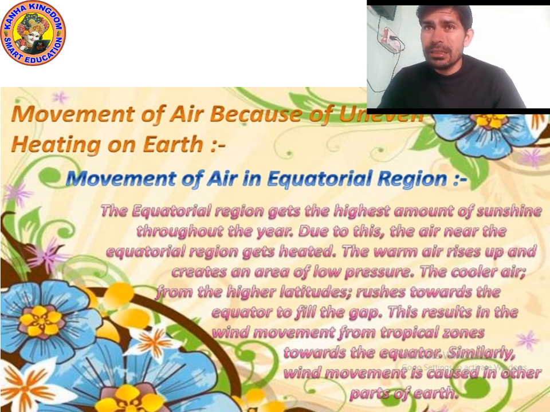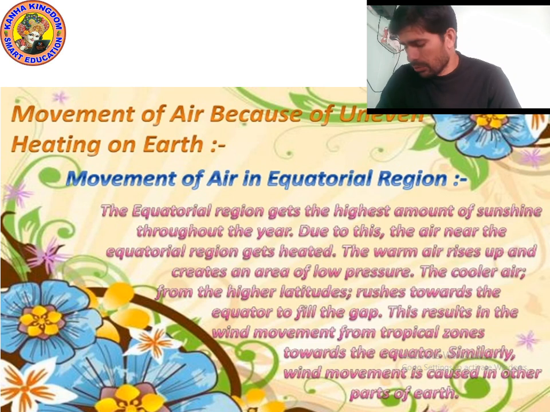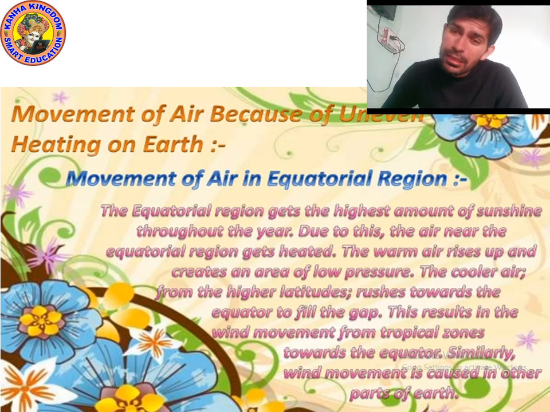Sunlight reaches directly here, and most of the plants and animals live in this area. So rainforests are found here, like in Assam and Western Ghat.